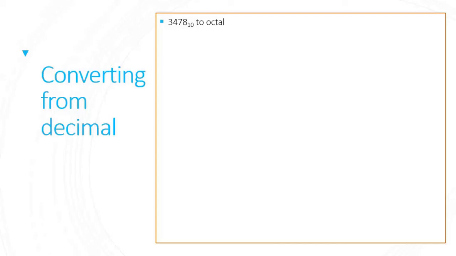The questions that we ask are fundamentally the same. But since we're converting to octal this time, I'm not interested in how many groups of 2 I can remove from the original decimal value. I'm interested in how many groups of 8 I can remove. Our decimal number is 3,478. My question is, how many groups of 8 fit into 3,478?